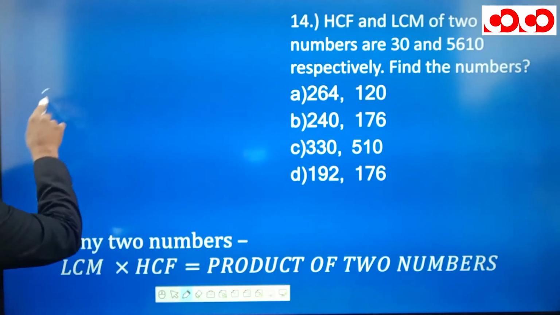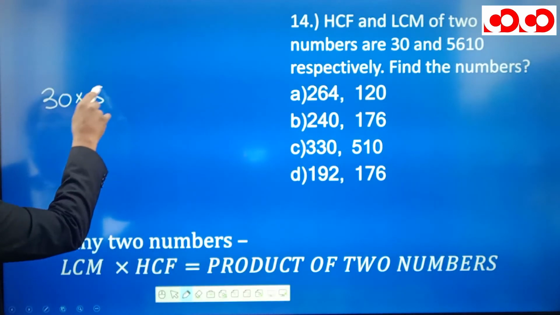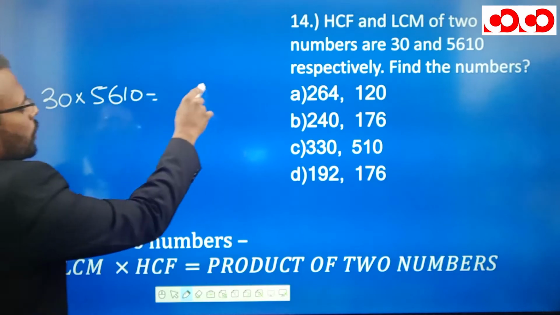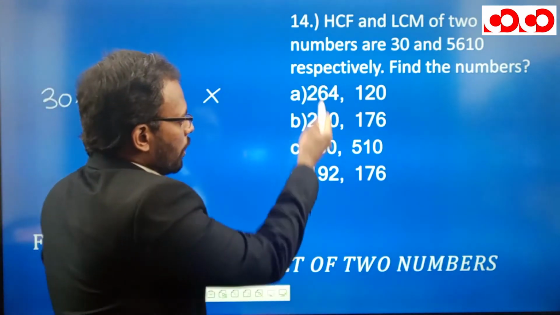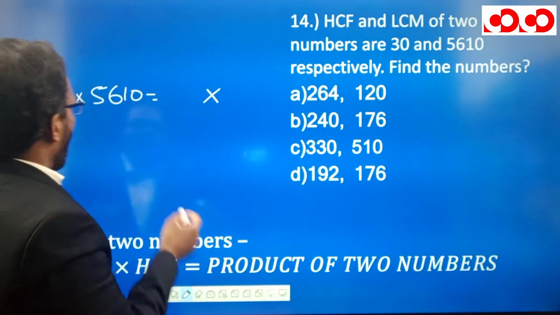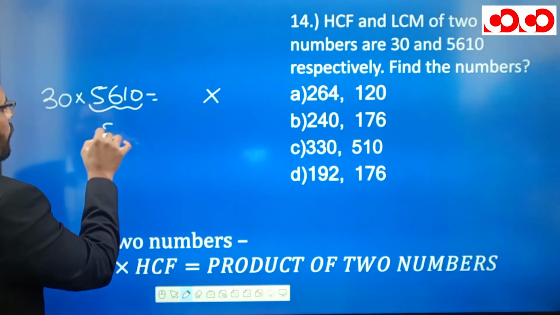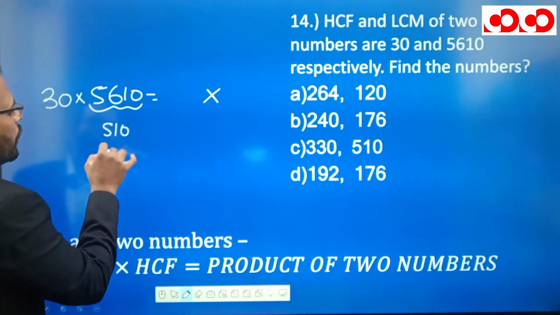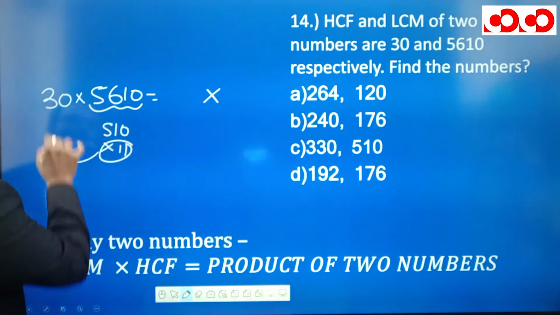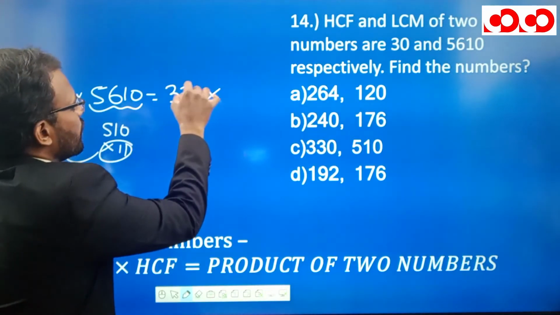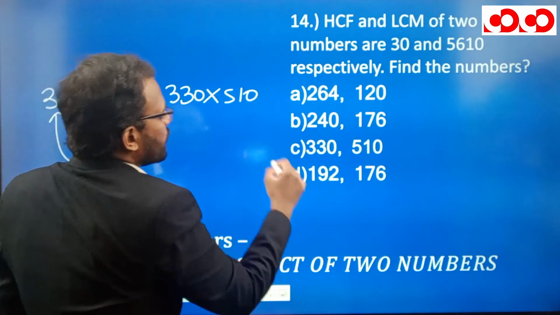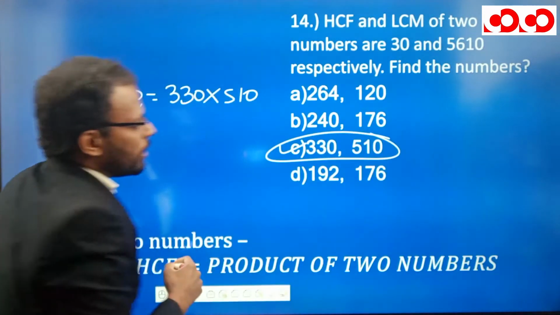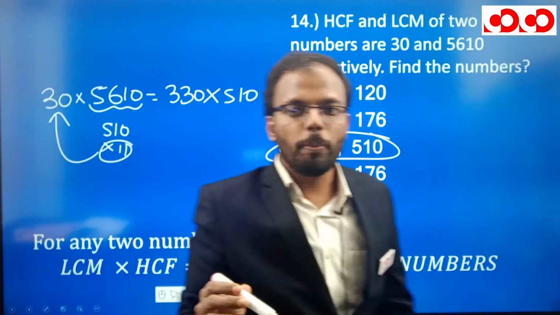So we can see that 30 multiplied by 5610 is equal to the product of the numbers. So which two numbers are going to satisfy over here? I can see that this is clearly 510 into 11. So this 11 can be multiplied over here and we can write 330 and 510, and these are the two numbers which are in option C. I hope it is clear to you.